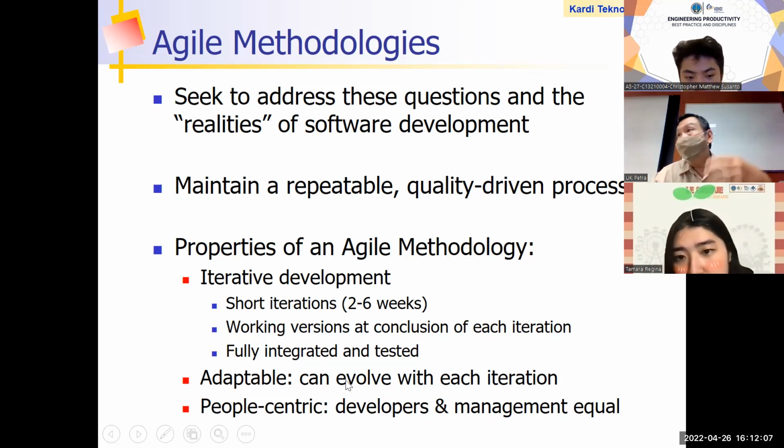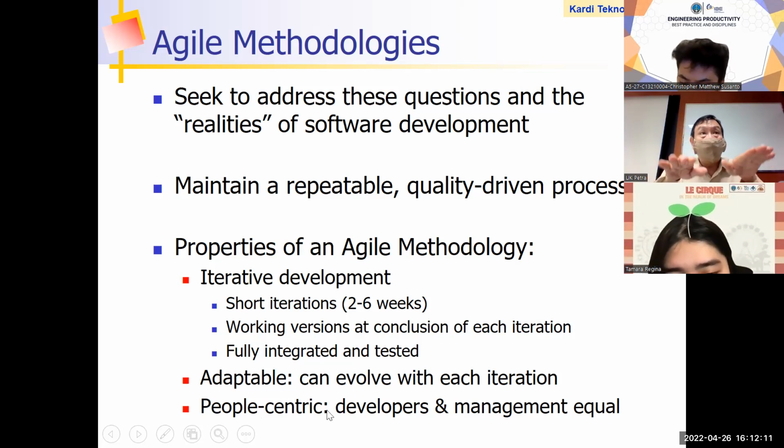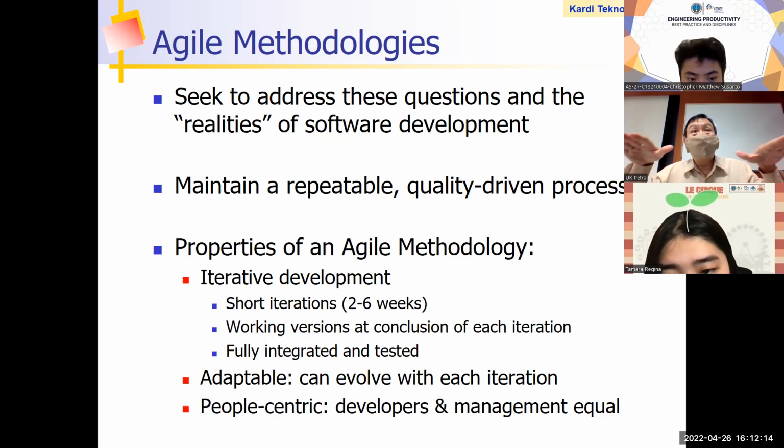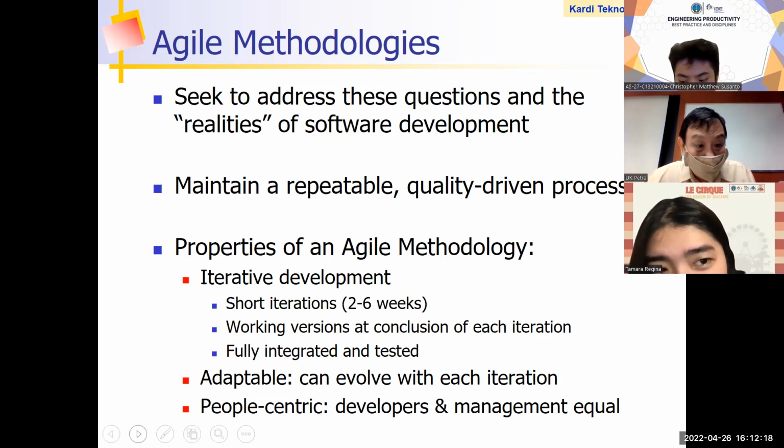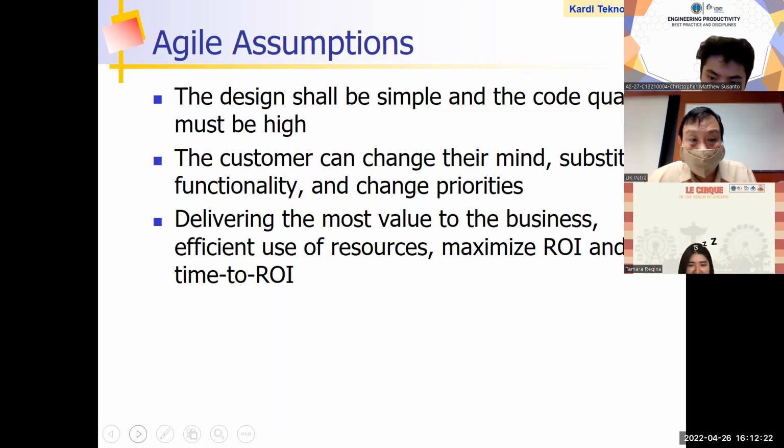It is very adaptive, they can change. And again, it is people-centric. The development, management, and client are equal. So this is what makes agile or extreme programming very attractive.